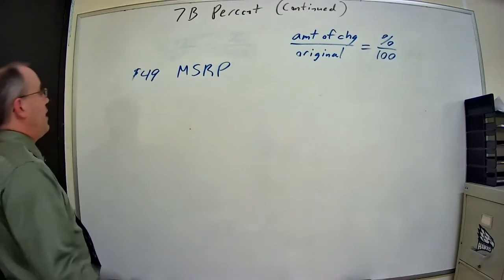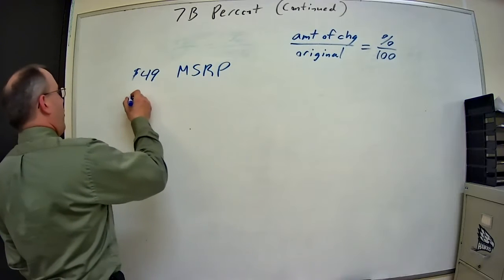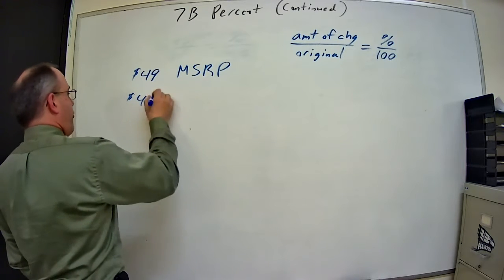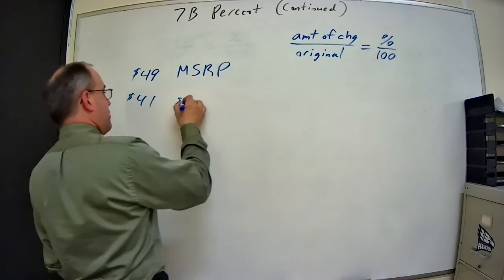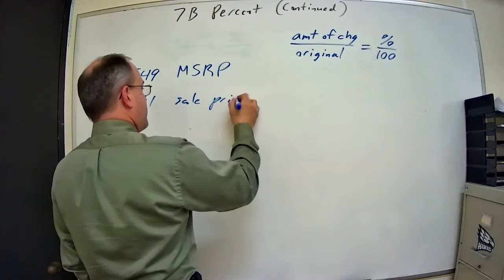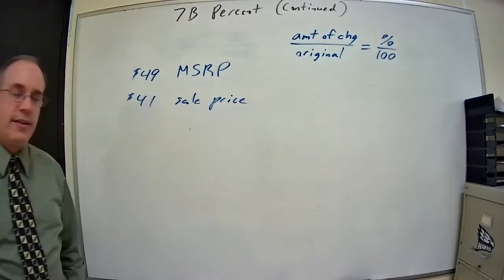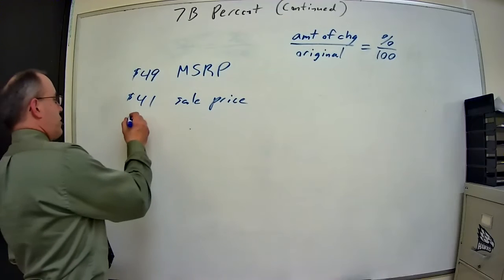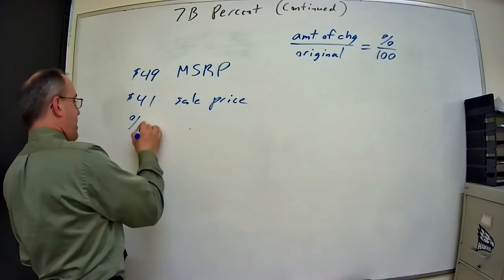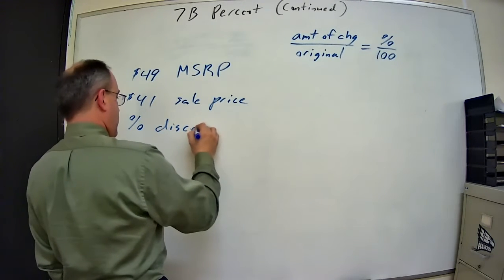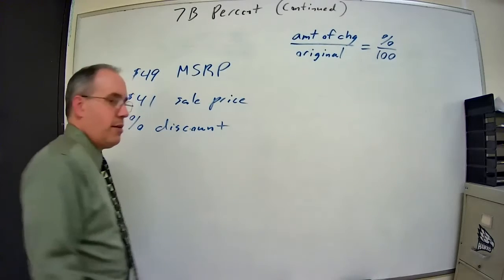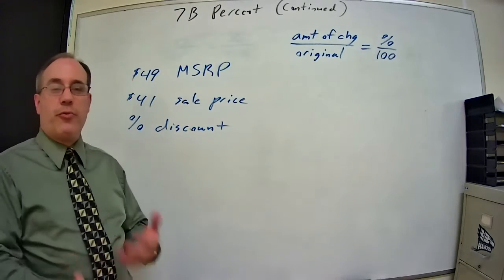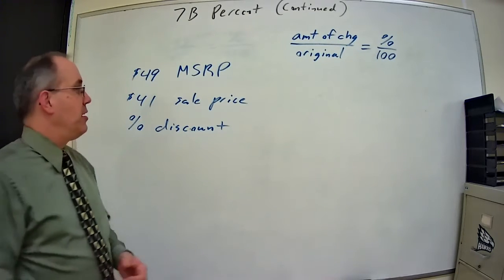But you go in and they've got it on sale for $41. That's the sale price. I want to find the percent discount. That's what percentage of the original price am I saving?